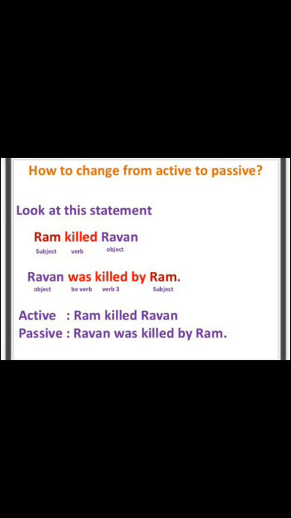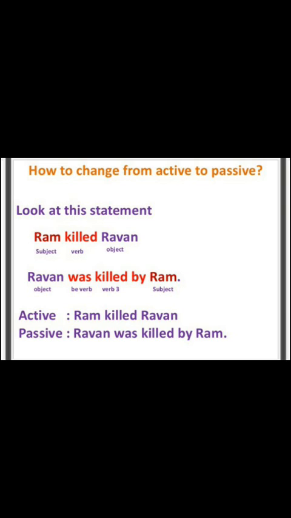How to change from active to passive? Look at this statement. Ram killed Ravan. Ram is here subject, killed is action, it means verb, and Ravan is here object. Now bring Ravan to the front as a subject, and it is past tense, so the form of be, was, is used here.